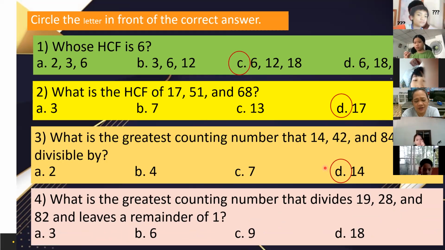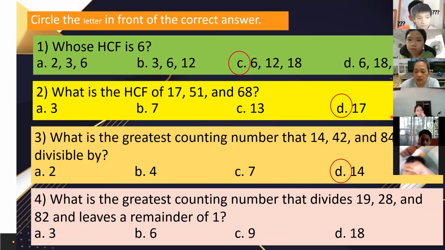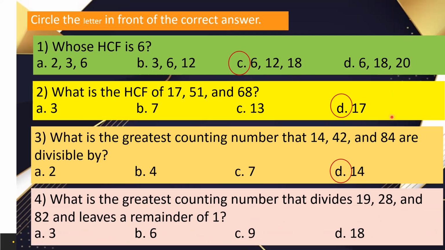Number 4, what is the greatest counting number that divides 19, 28, and 82 and leaves a remainder of 1?